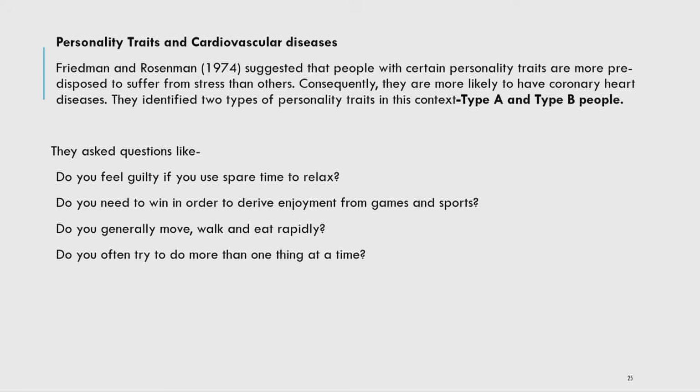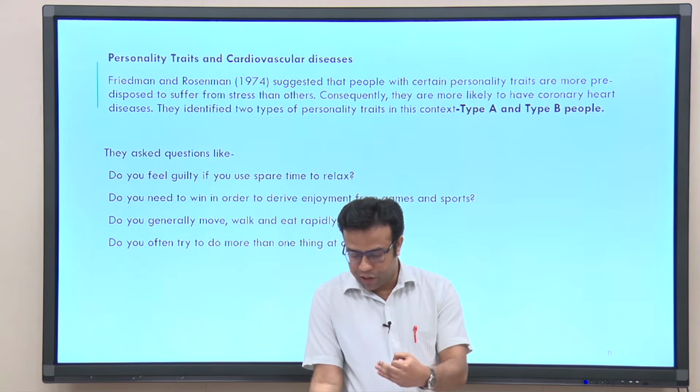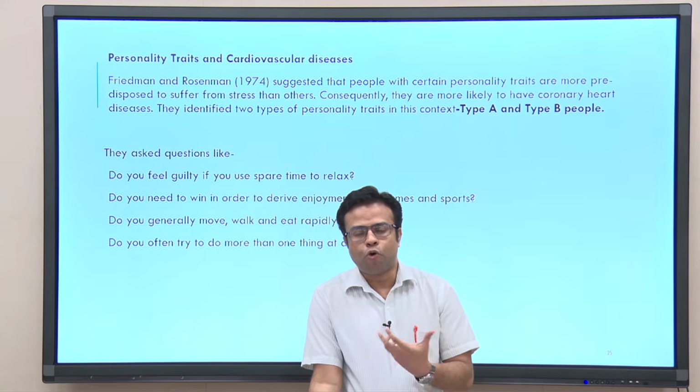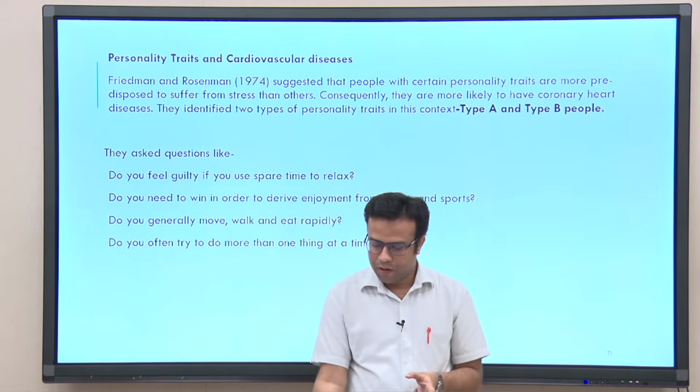Do you often try to do more than one thing at a time? These are some sample questions. Obviously, there were many more questions, and if your answer is yes to this kind of questions, you are more likely to be a type A personality.